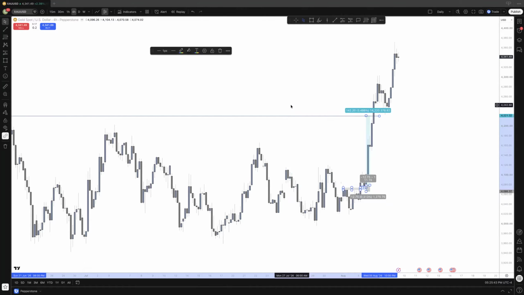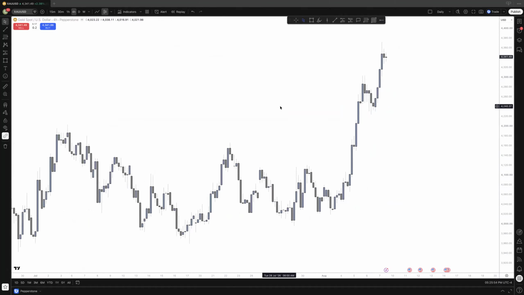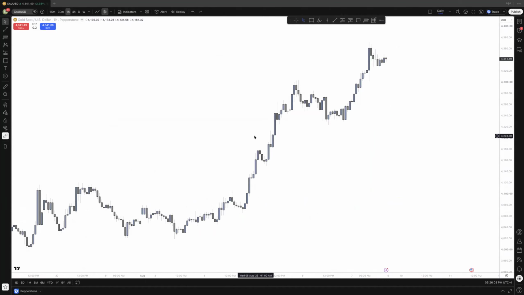So that's the first thing. Second one is once we're already this extended, we don't really want to be taking a trade anywhere up here. That's where we start running into issues. But what we could do is once price comes in and gives us a little bit of a pullback, which you can see there on the 4-hour, that's when we can start looking for longs again, in my opinion.